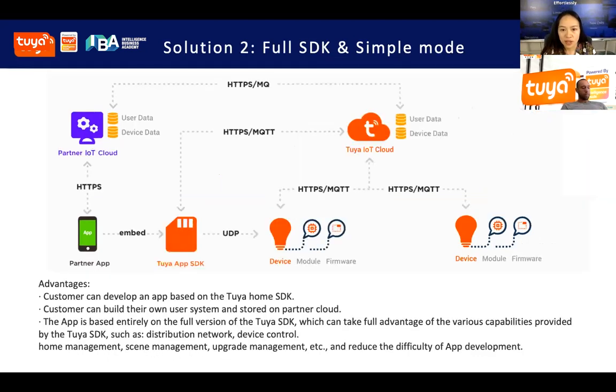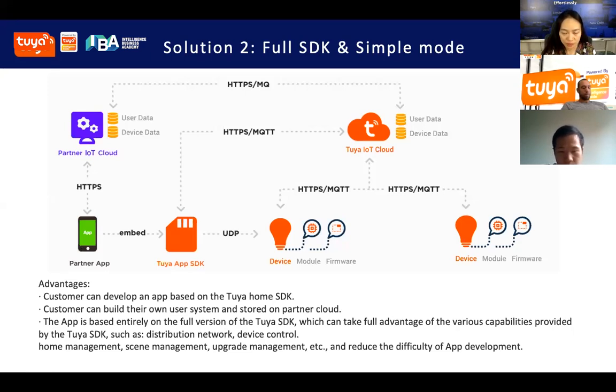The second is the SDK, because I will show you the detailed contents included in the SDK. Let me go through these 4 slides and then I will go back to the IoT platform. Of those 4 SDKs, we provide the home SDK. You can embed it into your app.